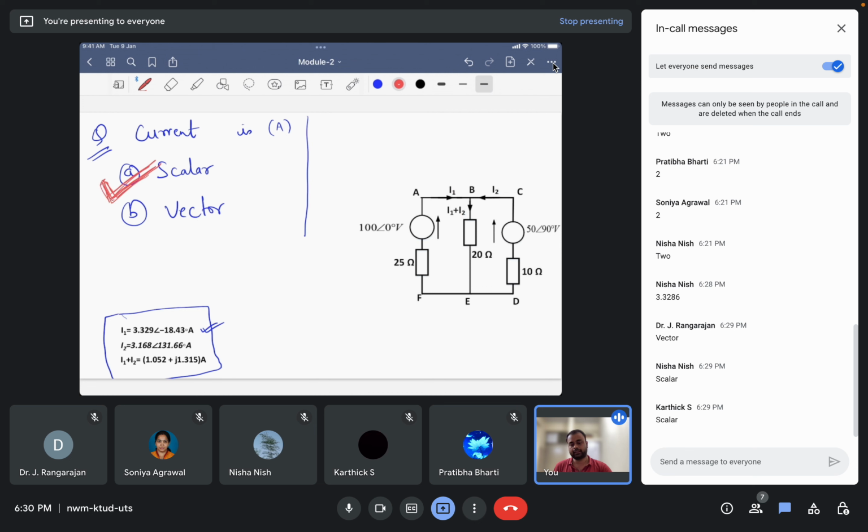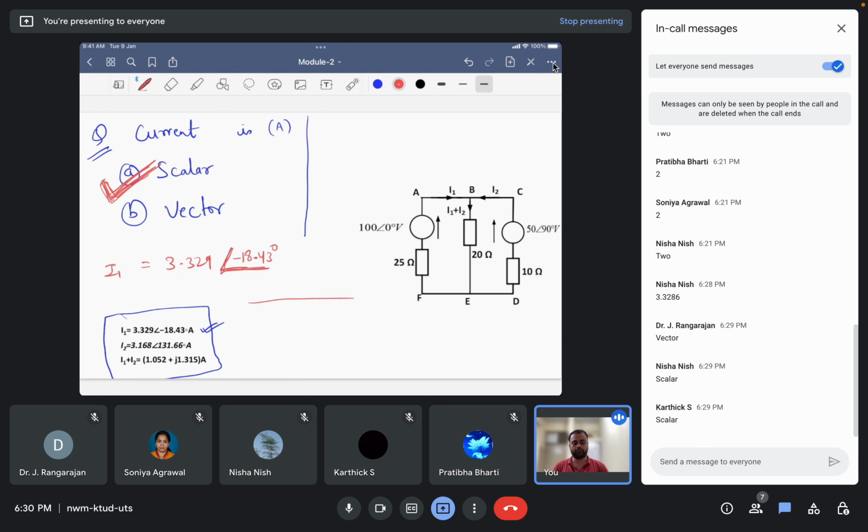But why? Why is current a scalar quantity? We have calculated current I1, which is 3.329, and angle is minus 18.43 degrees. So how is it a scalar quantity if there is an angle associated with it? Do we need to have the direction?